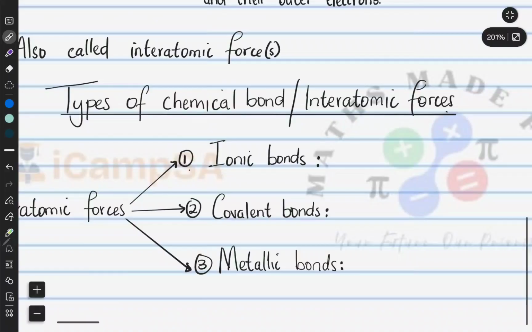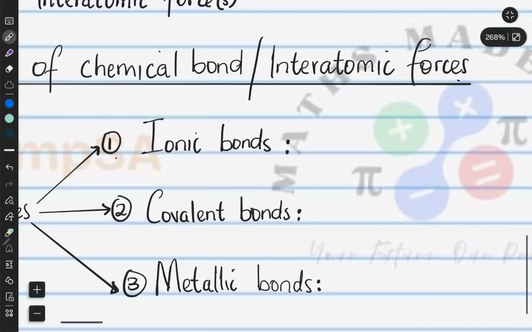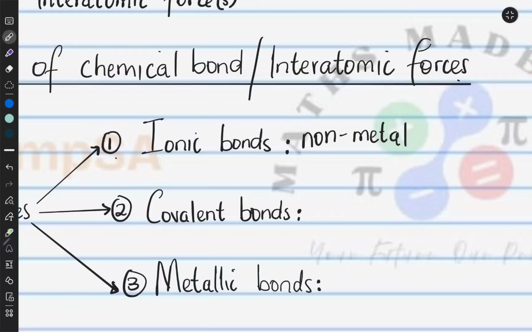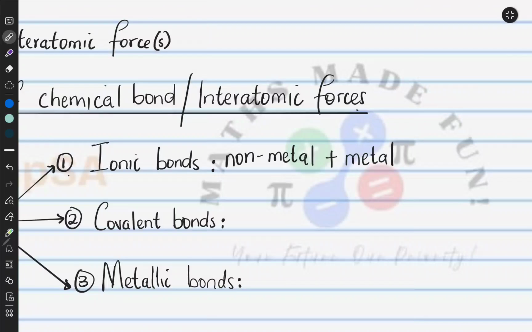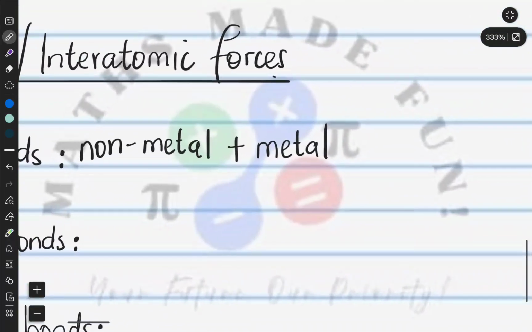So for ionic bonds, what happens is we have a bond between a nonmetal and a metal, right? So they occur between a non-metal atom and a metal atom. For instance, they can occur between sodium and chlorine, okay? A non-metal and a metal, where of course the sodium is the metal and the chlorine is the non-metal.